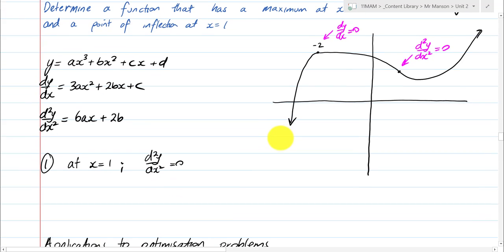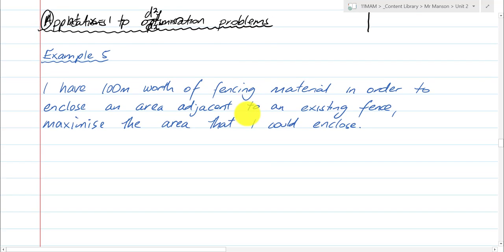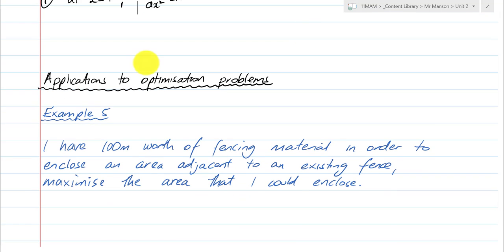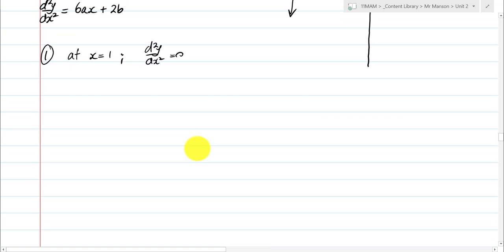And that gives me, and I'm definitely going to need to create some space here, aren't I? Okay, let me just do this very quickly. So it tells me that 6a times 1 plus 2b is equal to 0. And that tells me that 6a plus 2b equals 0.